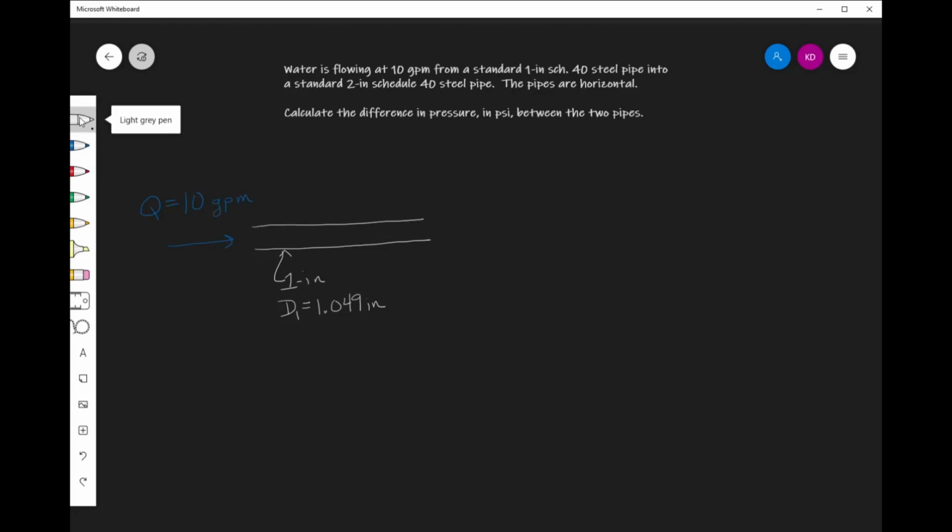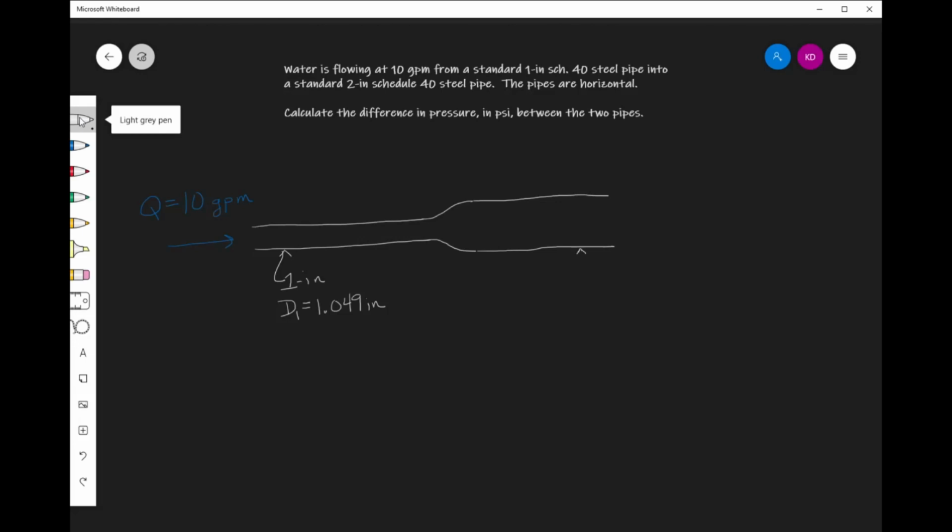And we're told that this water then flows from the 1-inch pipe into a 2-inch pipe, and presumably this happens through some type of gradual enlargement, but it doesn't have to be. There could be anything happening in between, but the only thing we're assuming is that there are no frictional losses during that enlargement.